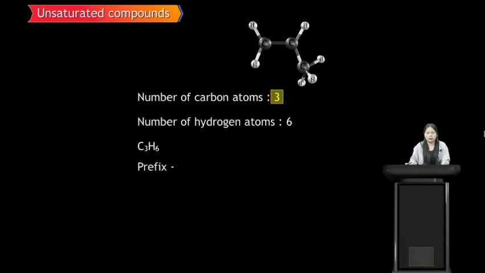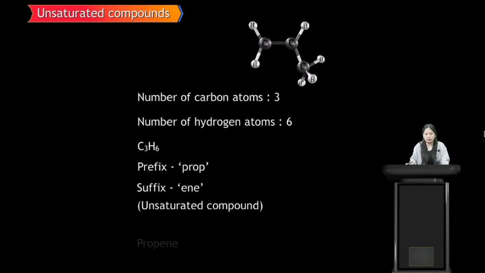Since it contains 3 carbon atoms, the prefix will be prop. And this is an alkene, it has a double bond, so the suffix will be E-N-E. So this is also an unsaturated compound, and the name of this unsaturated compound will be propene.